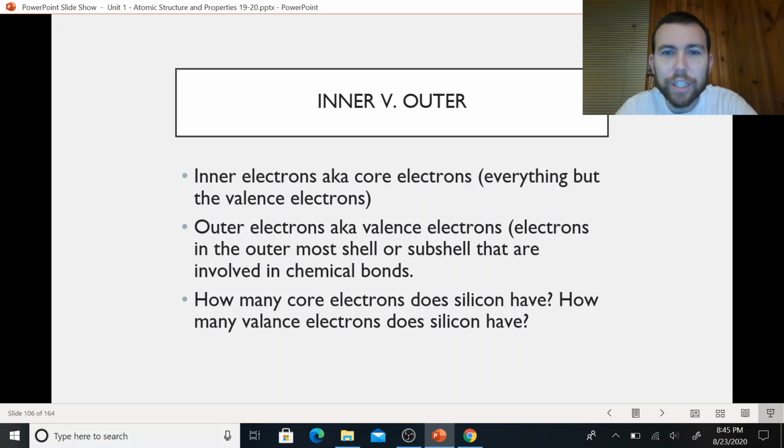I think it would be a good exercise to write out the electron configuration of silicon and then distinguish which of those electrons are core or inner electrons, and which are valence or outer electrons. So take some time, pause the video, go work on those problems, and then come back so that we can finish it out by talking about Coulomb's law.